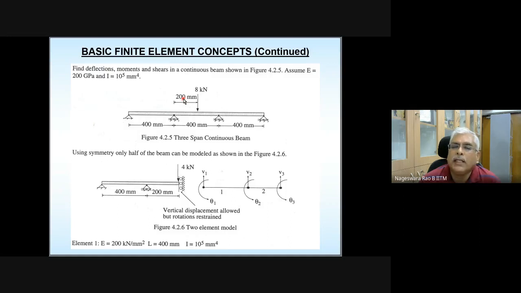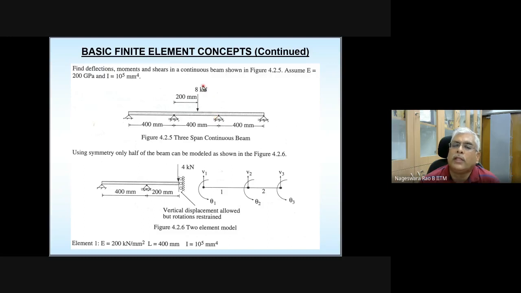Please note that this node is common to both elements. If you decide to have one element here and one element here, this node is going to be common for both elements. When you are assembling the force vector, you count this force only for one of the elements. You cannot have duplication, because only an 8 kilonewton load is applied. Otherwise, if you want to split equally, you consider 4 kilonewton to this element and 4 kilonewton to this element. It is up to you.